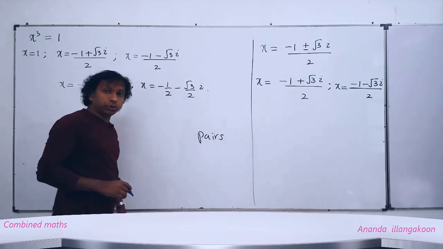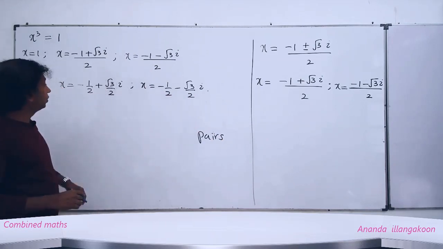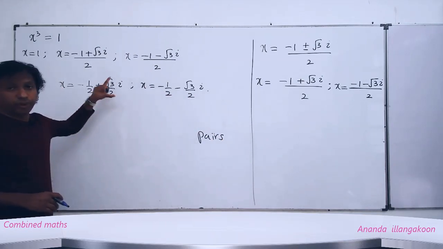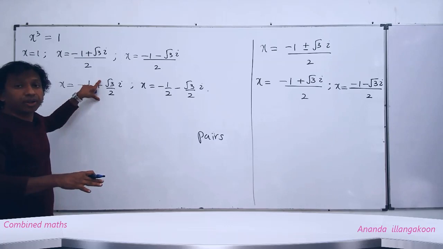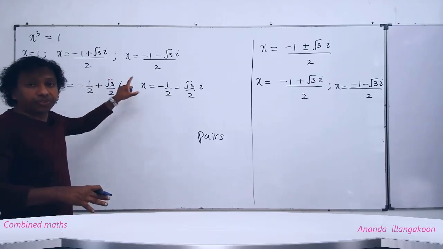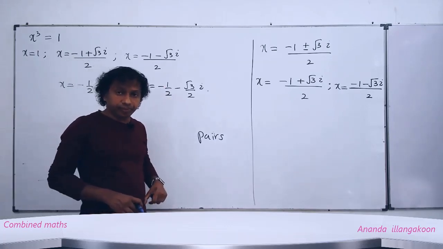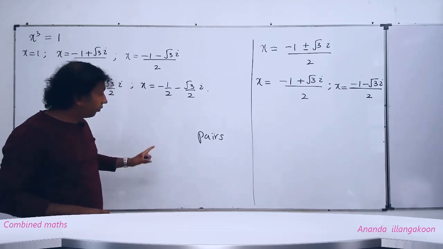What is meant by conjugate pairs? If one solution is imaginary, definitely in the same equation, another solution comes in as the conjugate of this. That is why this is known as conjugate pairs.